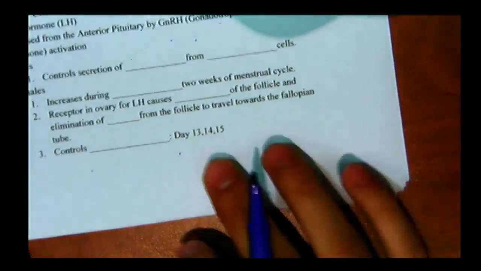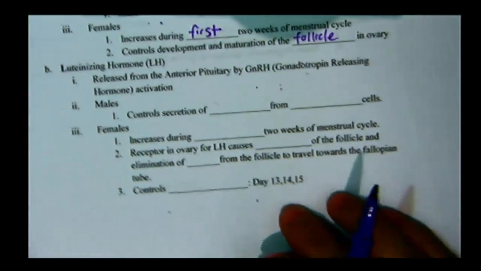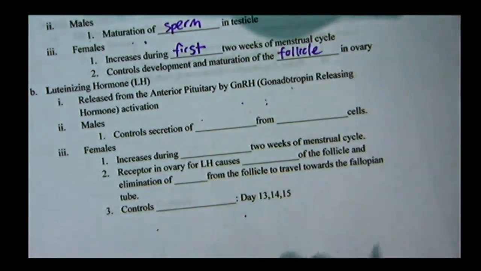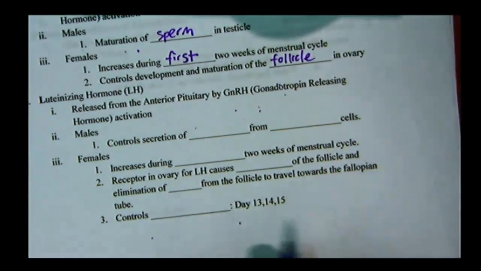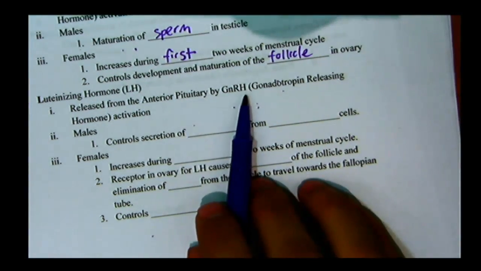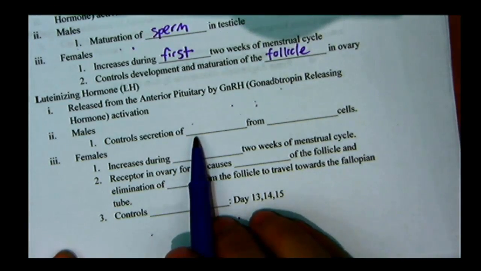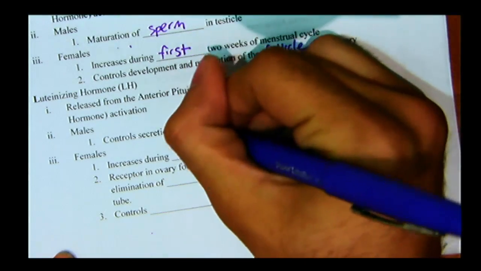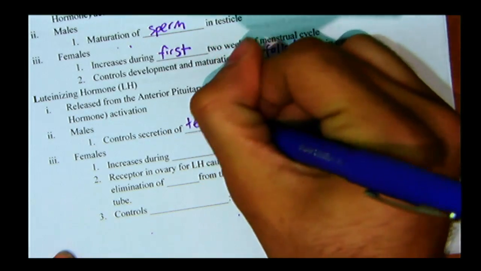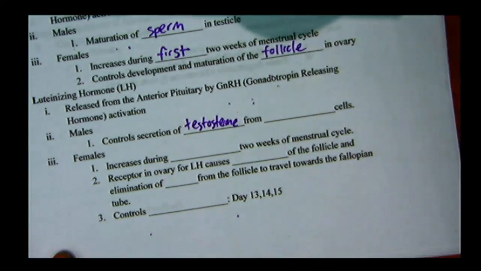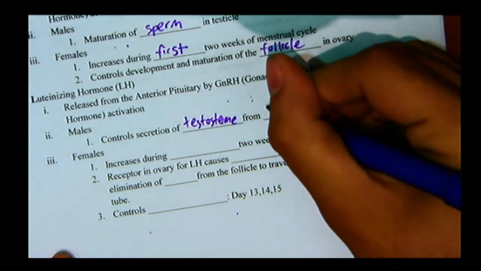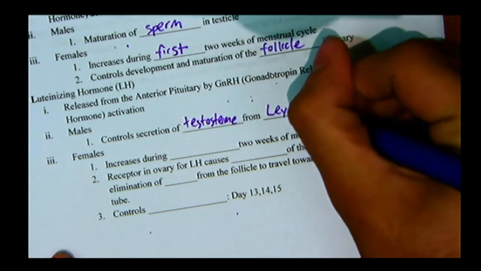So for females, it increases during which 2 weeks of the menstrual cycle? Last 2 weeks. The receptor in the ovary for LH causes rupture of the follicle and elimination of what from the follicle? Ovum.